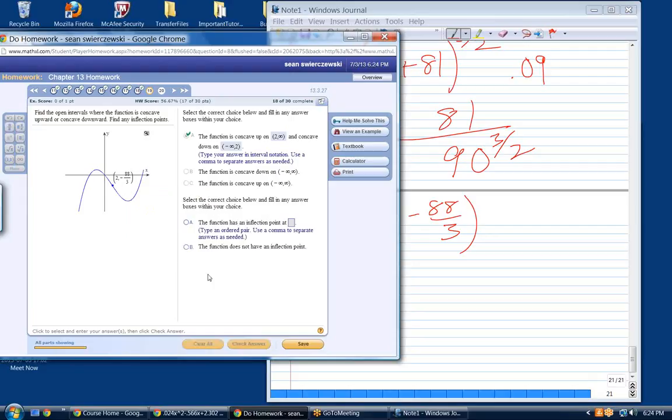The function has an inflection point at, type an ordered pair, 2 comma minus 88 divided by 3.